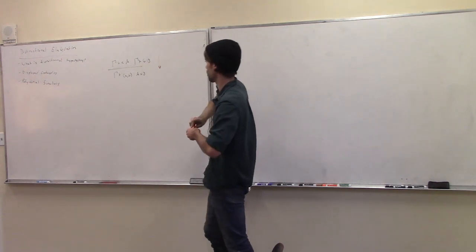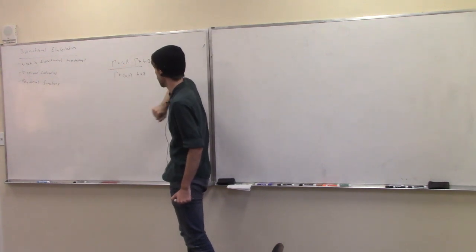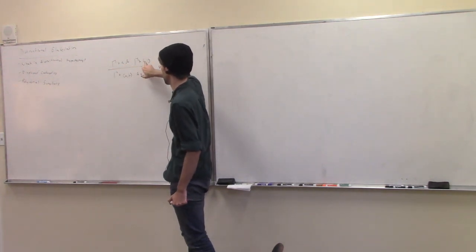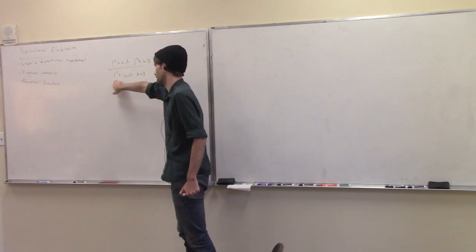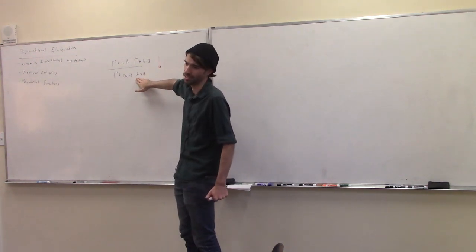So under the assumptions that from gamma I can deduce that A has type A, and from gamma I can deduce B has type B, under the context gamma I can deduce that the pair A, B has type A cross B.